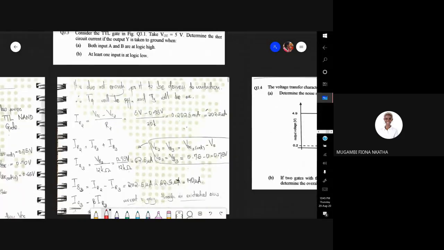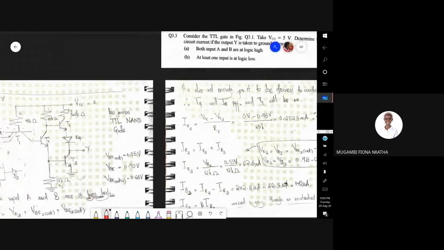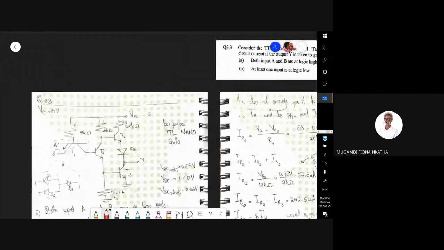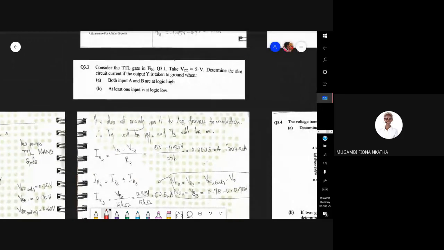We didn't understand why, when Y is taken to ground, the collector and the emitter are grounded at the same time. If anyone has insights on that, please let us know and help us solve it, because this guy has a tendency of bringing these questions.